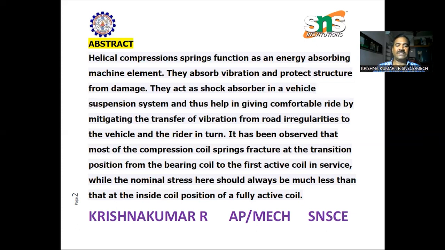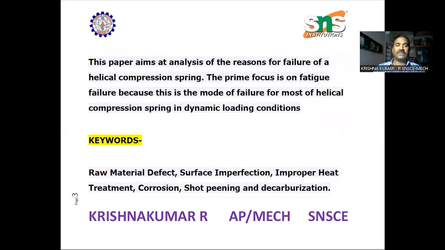While the nominal stress here should always be much less than that at the inside coil position of a fully active coil. This paper aims at analysis of the reason for failure of a helical compression spring.